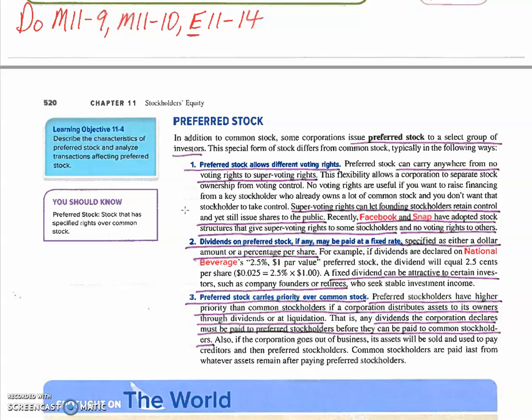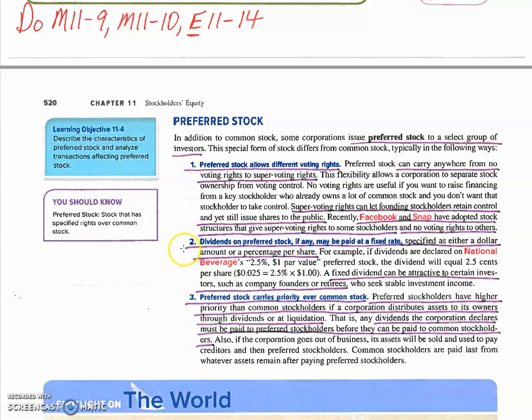So some of the super voting preferred has as many as 10 votes per preferred share. So they talk about here Facebook and Snap have adopted that structure. Lyft is another one that has. So a lot of mainly tech type companies have done that.